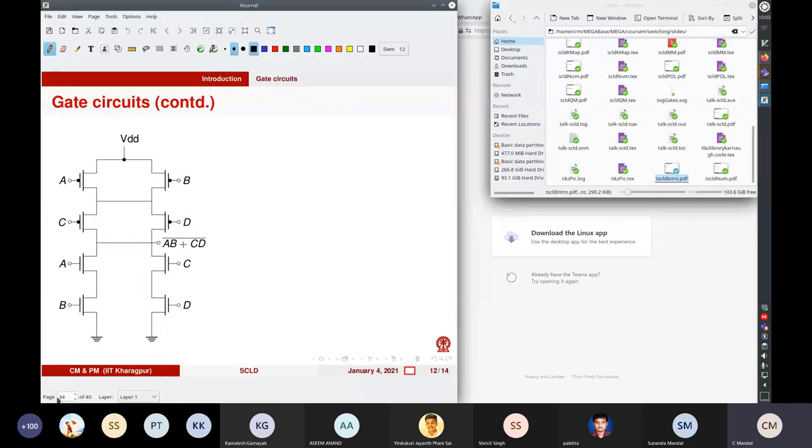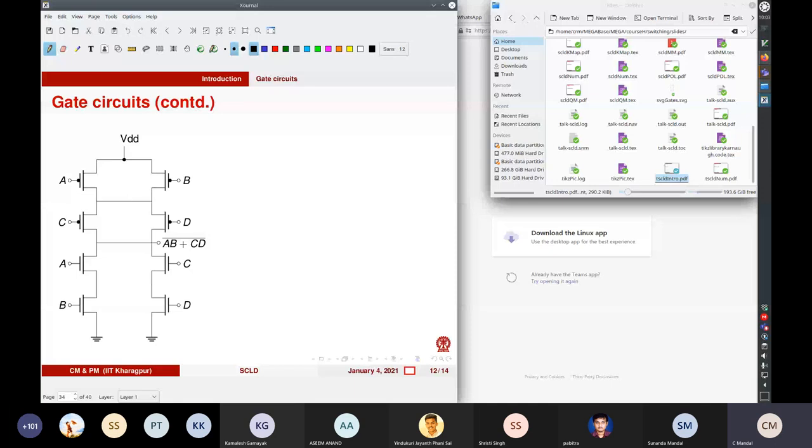Yeah. So let us look at the operation of another gate. First of all, what is the first thing that we would like to check?